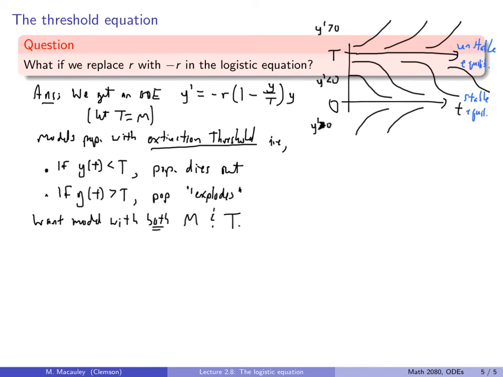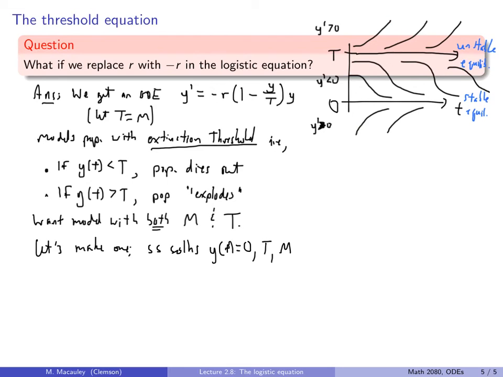So let's make one. Let's make steady state solutions: y of t equals 0, t, and m.